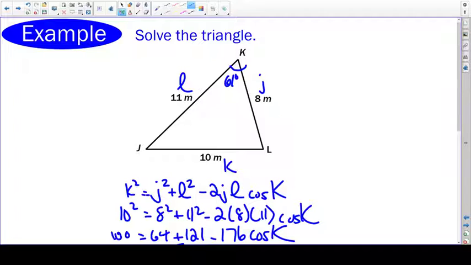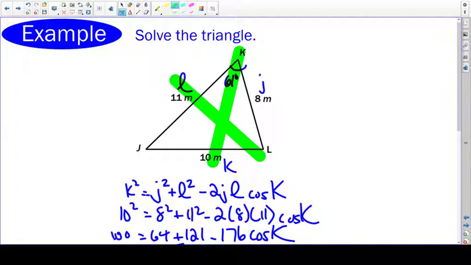In order to find angle J or angle L, we could use cosine law a second time. But the cool thing is that since we know one angle side pair, and we know one of two sides, and we're looking for the other angle, we could use sine law.